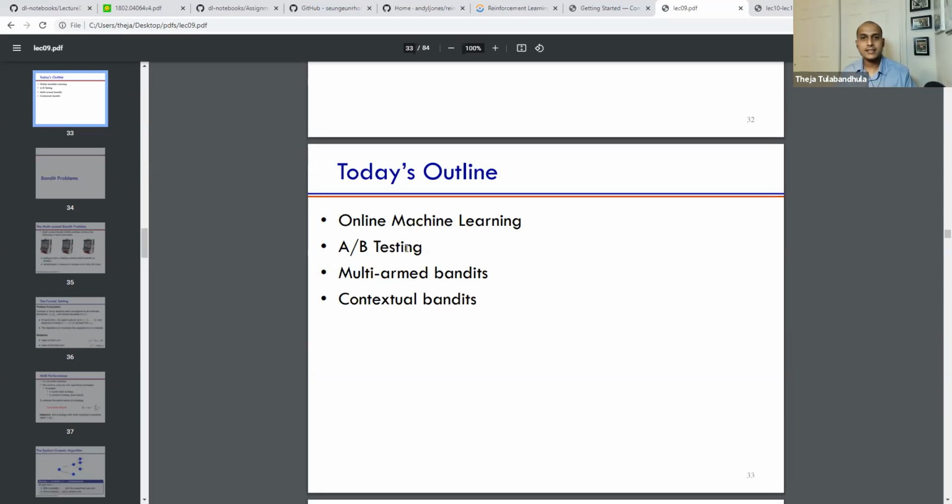That means decision A is taken for 10,000 users, and decision B is taken for another 10,000 users.